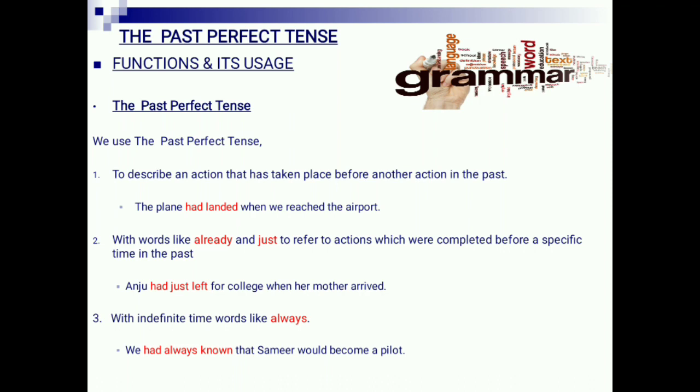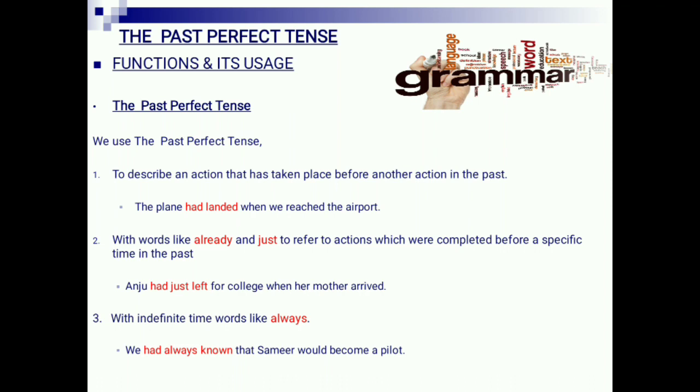Here we are going to learn the functions and usage of past perfect tense. Now you will understand properly when we can use past perfect tense. First, we use the past perfect tense when we have to describe an action that has taken place before another action in the past.